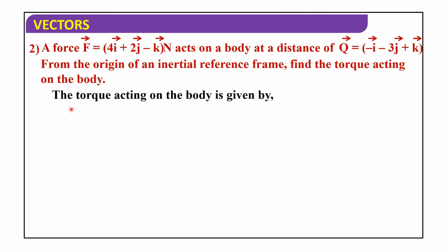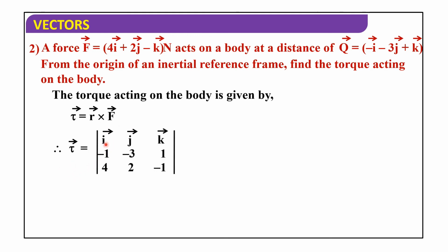The torque acting on the body is given by tau is equal to r bar cross F bar. Therefore, tau bar is equal to the determinant of i bar, j bar, k bar and its components, distance and force, that is minus 1, minus 3, 1 and 4, 2, minus 1.